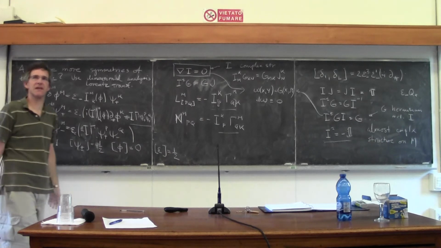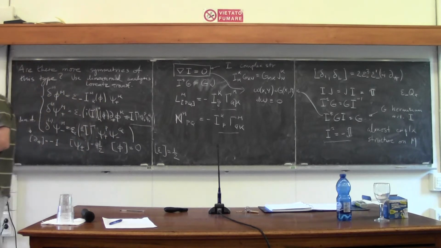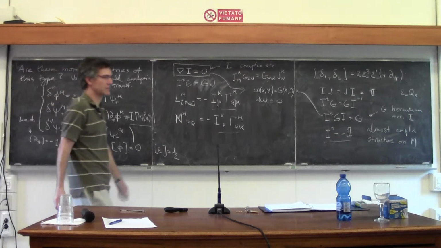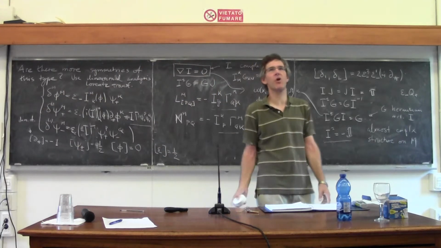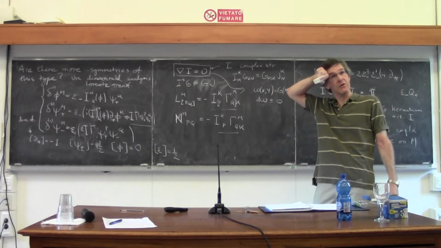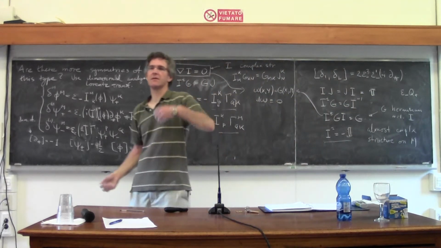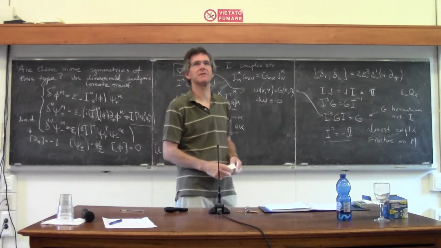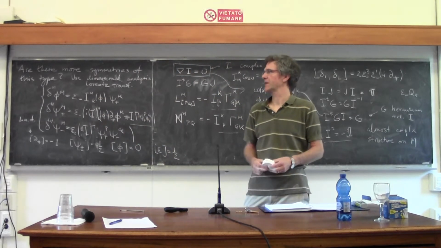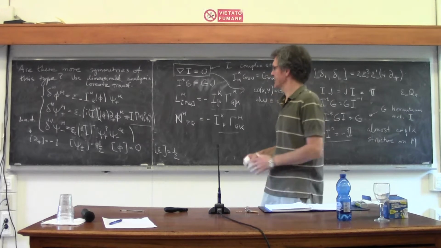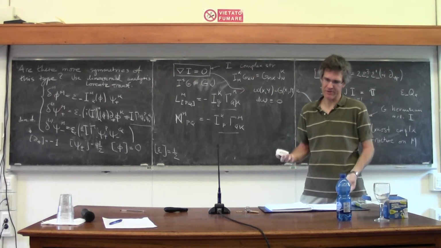In higher dimensions, that's usually not the case. You will have to include both in the supersymmetry transformation. You can't have independent left moving and right moving supersymmetry.